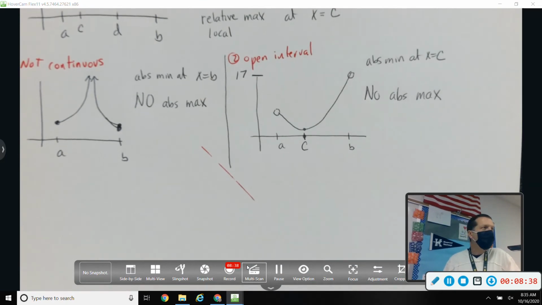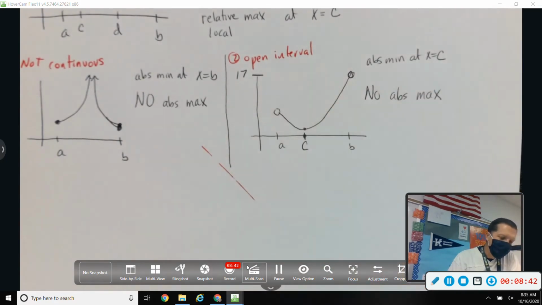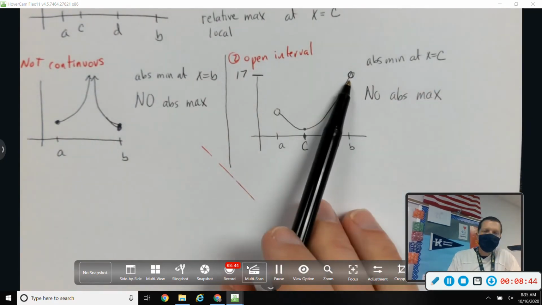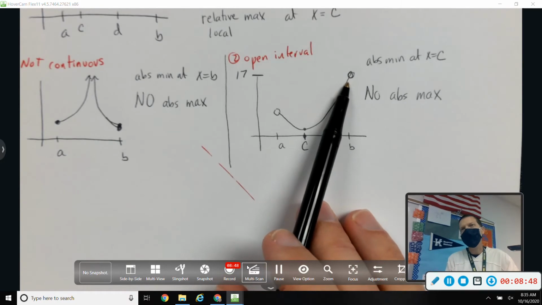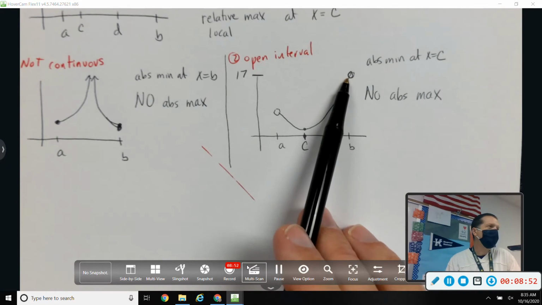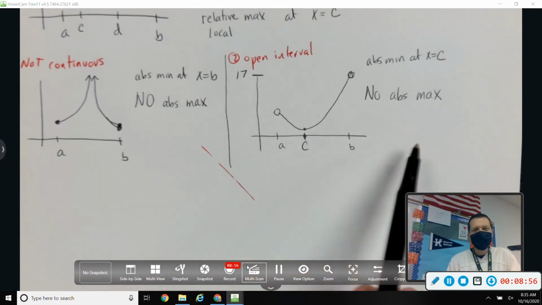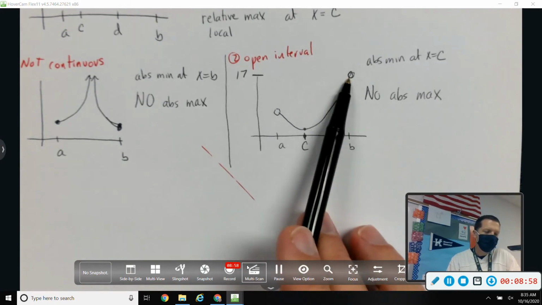So there's no max. And you can say, well, it's almost 17. Yeah, but the absolute max isn't 16.9 because it's more than that. It's not 16.99 because it's more than that. It's not 16.99999 because it's more than that. But it's not 17. So there's no way to describe an absolute max.